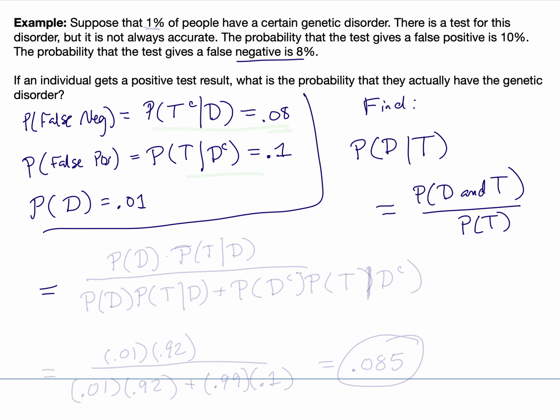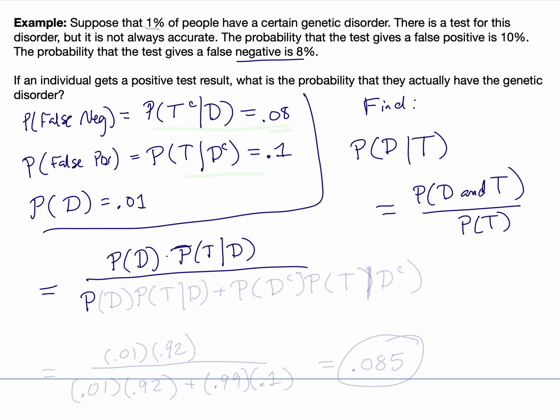And so that is equal to the probability that they have the disorder times the probability that they get a positive test result given that they have this disorder, divided by the different ways that they could get a positive test result. And there's two ways for that to happen.